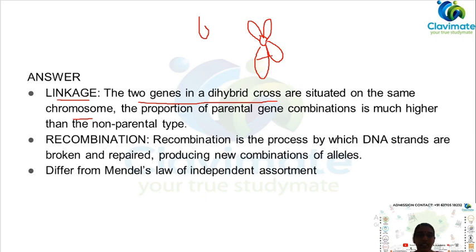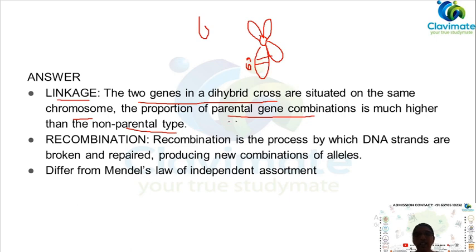So two genes are situated in the same chromosome. This is like gene A, and this is like gene B. So they are situated on the same chromosome. The proportion of parental gene combinations is much higher than non-parental type.